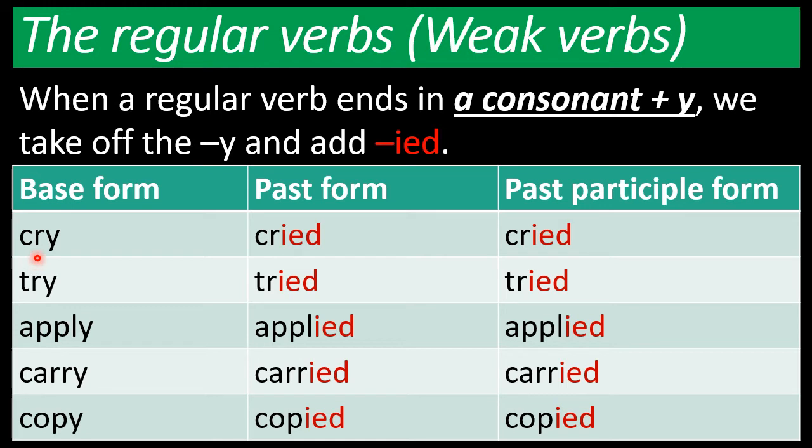The verb ends with y, and before it we find a consonant. So we take off the y and add ied to form past and past participle. Another verb: try, tried, tried. Apply, applied, applied, etc.